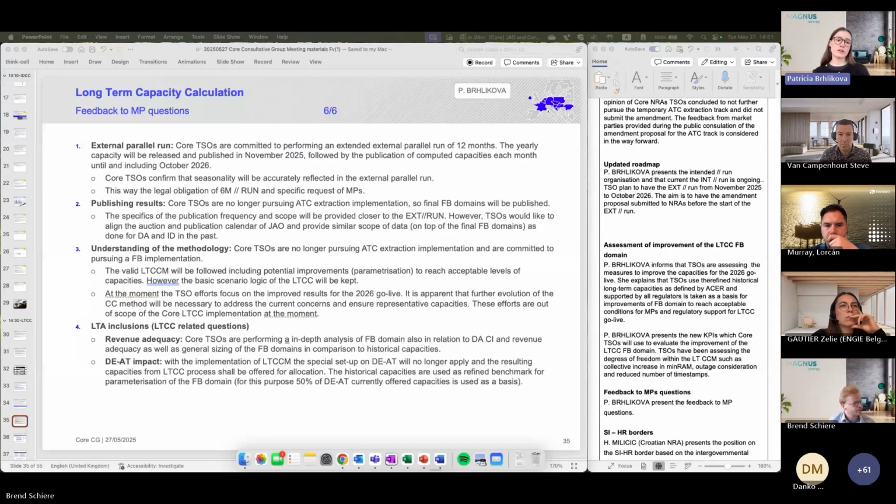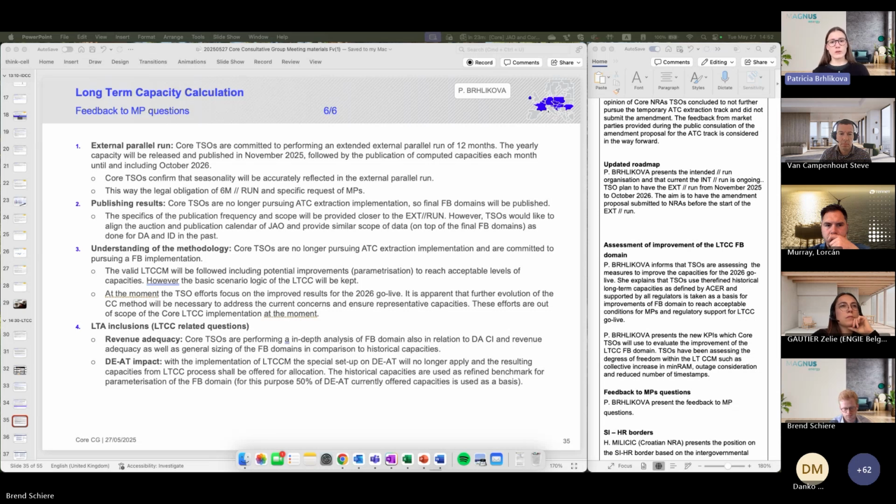These improvements are then connected to the parametrization that I just presented. This is to especially reach the acceptable levels of capacities, but the basic scenario logic of the long-term capacity calculation process will be kept. So we are not seeking a revolution, it's rather fine-tuning and improving.